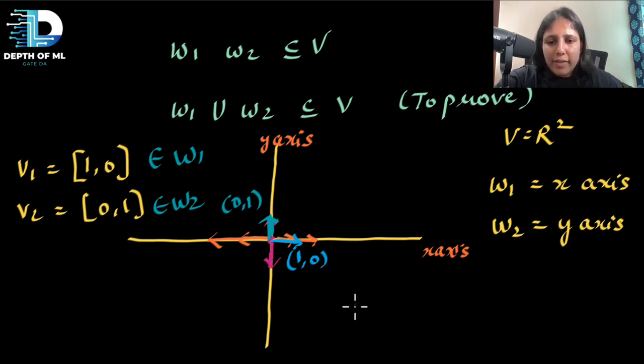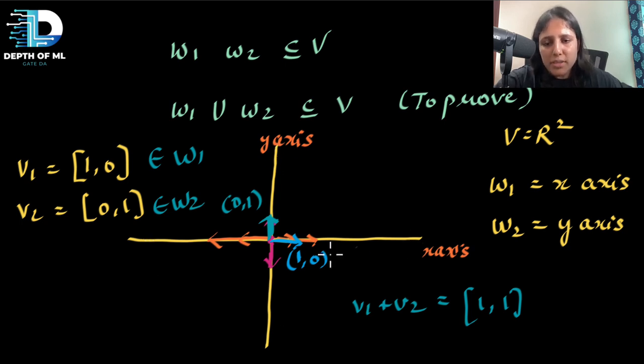Now if I add V1 plus V2, what will I get? I'll get a vector (1, 1), right? Now if I take the union of these two subspaces, what will I get? All the vectors that are on the x-axis and all the vectors that are on the y-axis, right? But when I add these two vectors, the vector I'm getting is here. This is (1, 1), right?